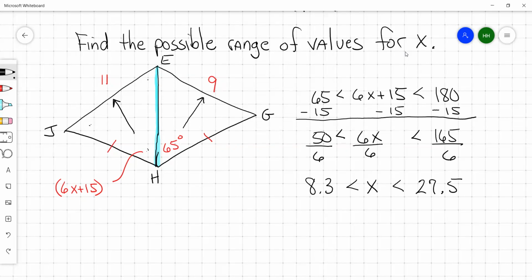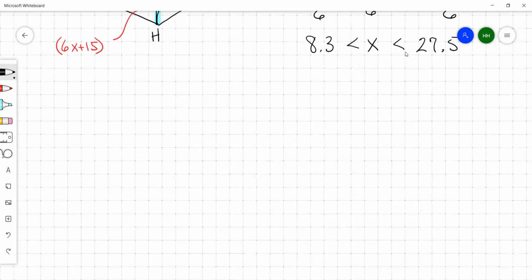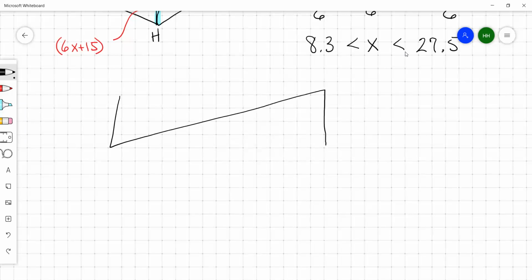The second example that you're going to need to see is when you're asked to find a range of values for the sides. So now we have this bow tie situation here. We've got this side over here on the left, congruent to this side on the right.